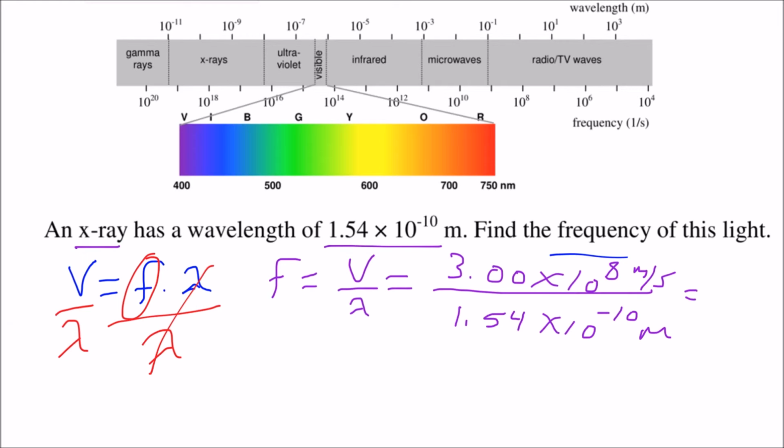Now when we type in our calculator, we actually come up with 1.9480519 times 10 to the 18th hertz. Obviously the 1.9 is about 2, so I agree with this. I feel comfortable that the calculator told me the right answer.